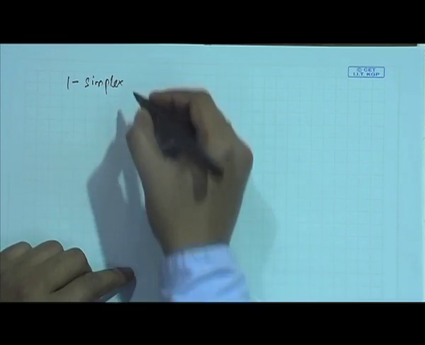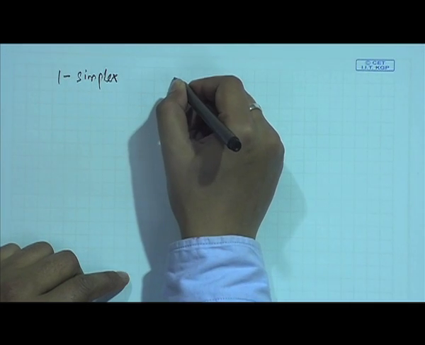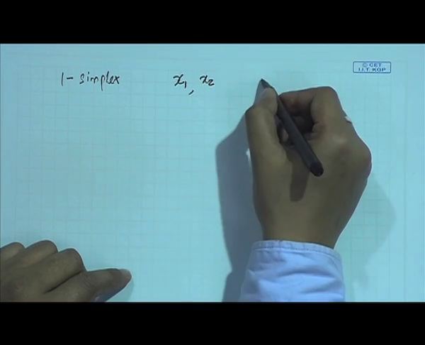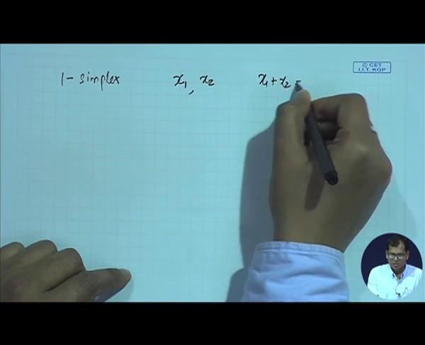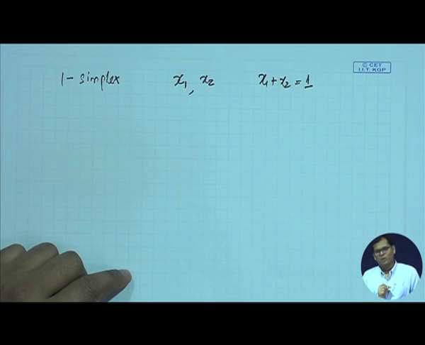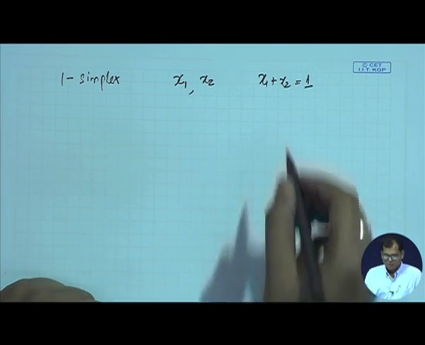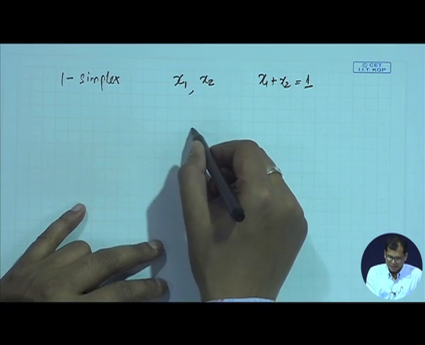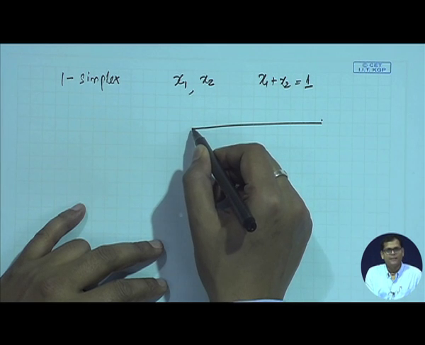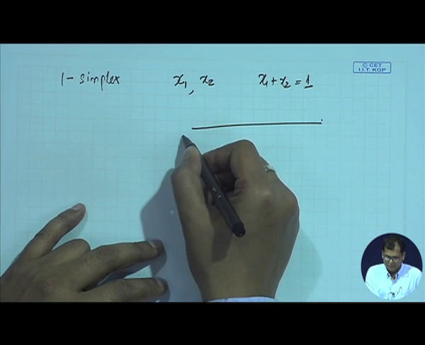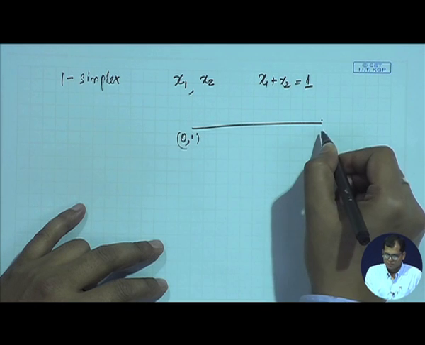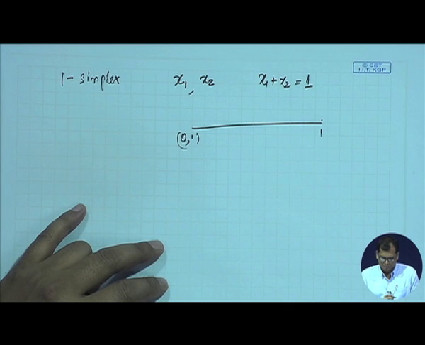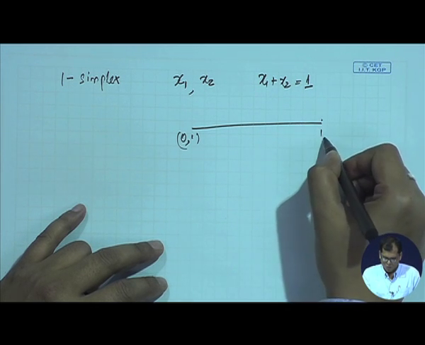One simplex would be two elements, say x1, x2, such that x1 plus x2 is equal to 1. Positive vectors that add up to 1. You can see that there are infinite solutions here, and you can treat it as a line. This might correspond to 0, 1, and this might be 1, 0.